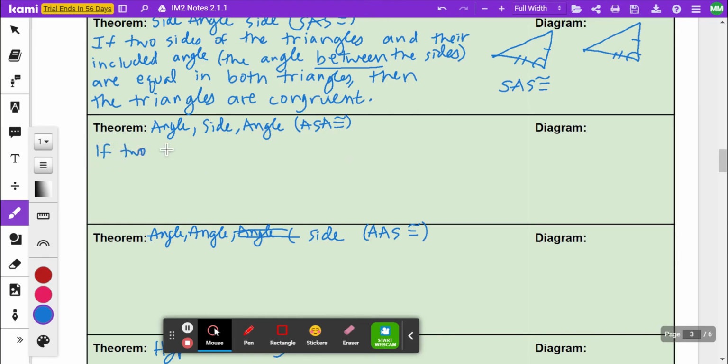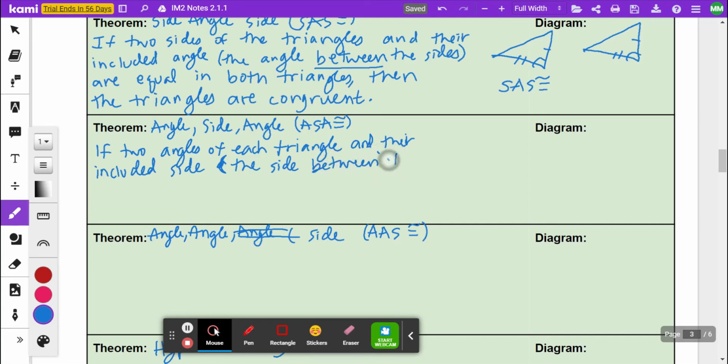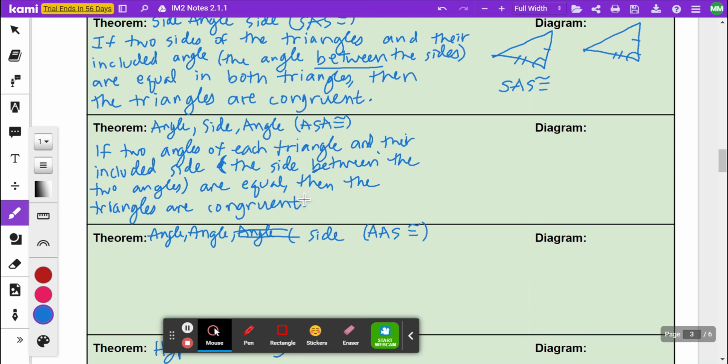If two angles of each triangle and their included side, and that's the side between the two angles, are equal, then the triangles are congruent, period.